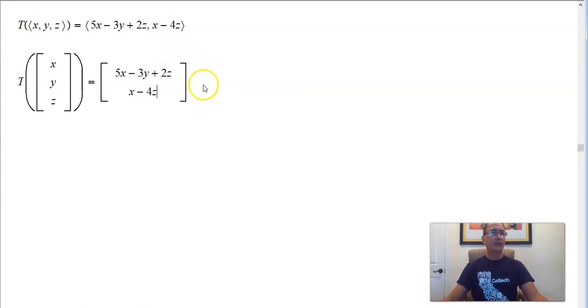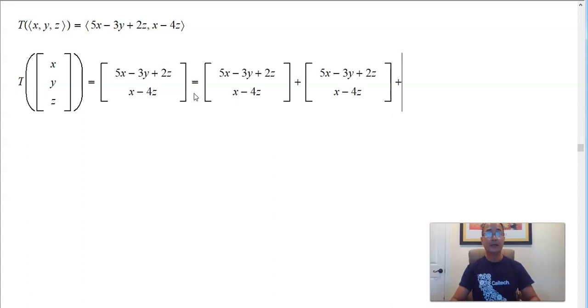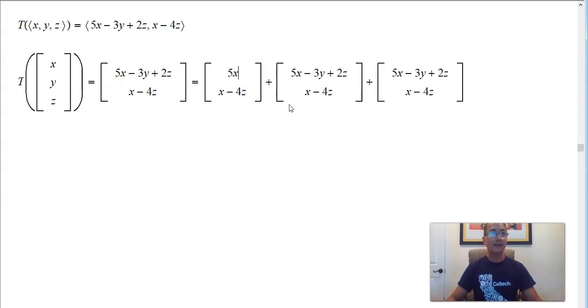Okay, so what are you going to do now? Well, we see three variables, x, y, and z, three symbols inside that matrix. So let's decompose. I'm going to make 3 copies of that, and we've done this before.